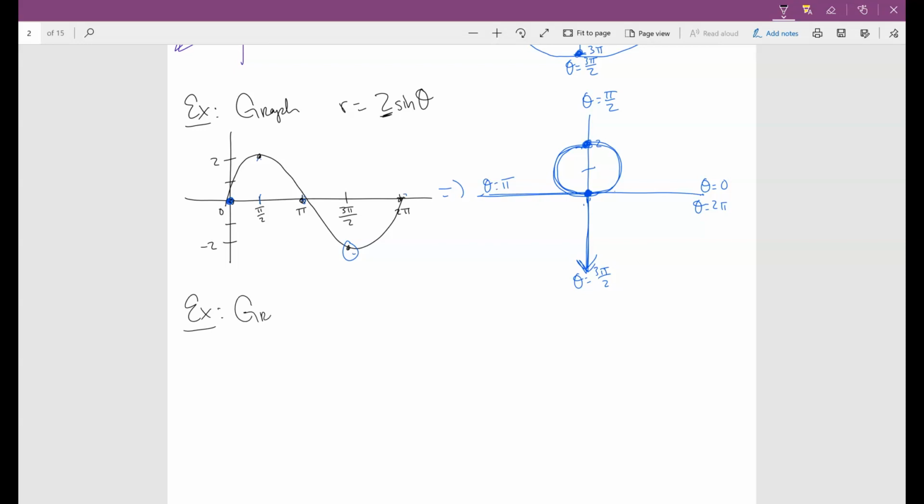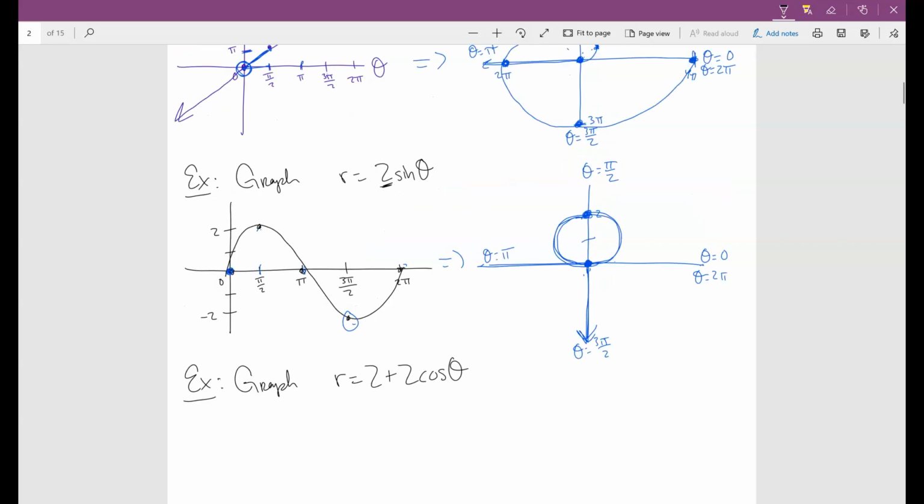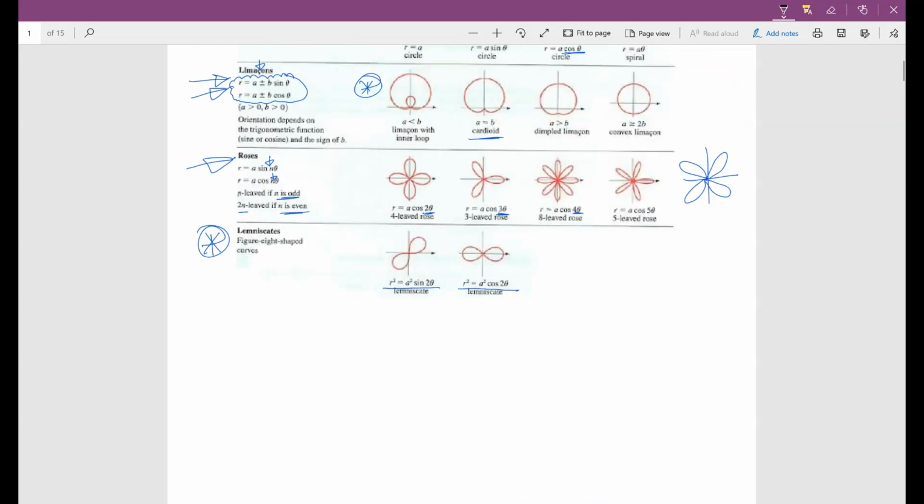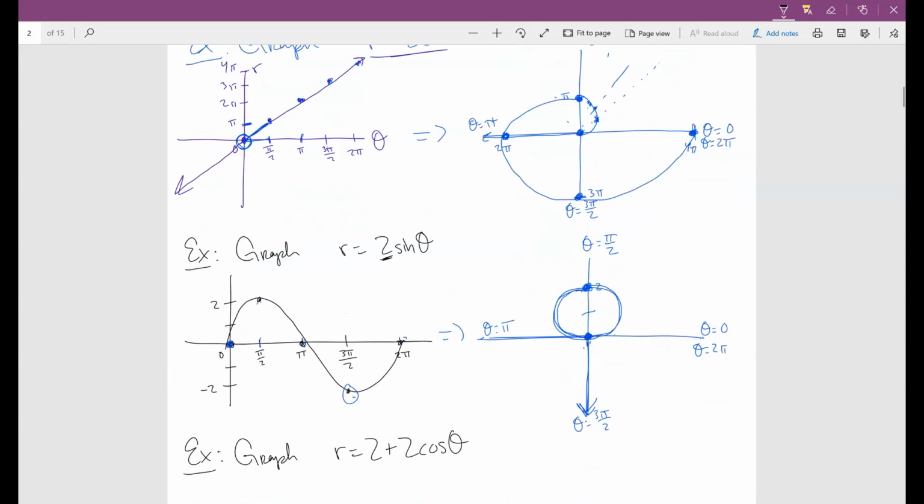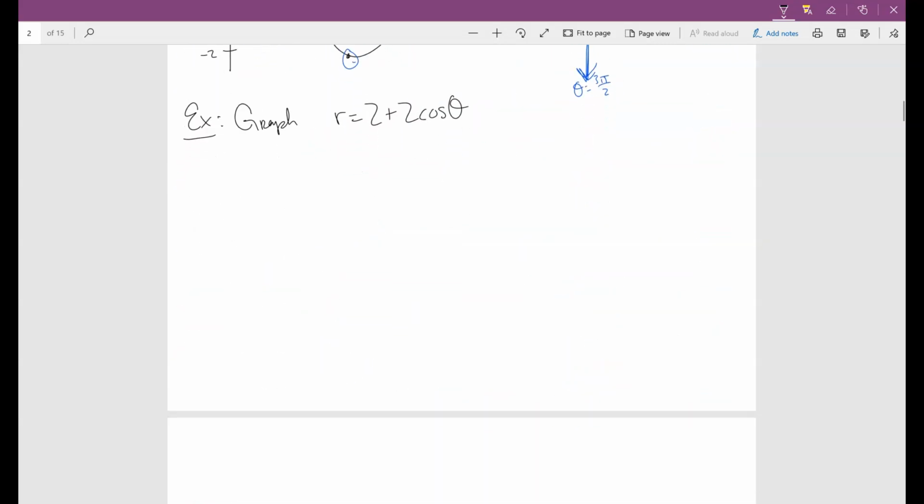So let's say you want to graph r is equal to 2 plus 2 cosine theta. Okay, so you can see that 2 plus 2 cosine theta is going to give you this guy, a cardioid, because A and B are the same. So they're going to look something like this, depending if you have cosine or sine. Okay, so let's go ahead and start off by drawing the reference graph.